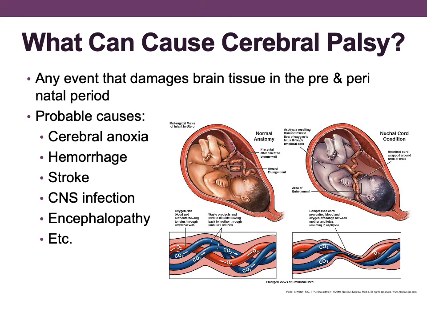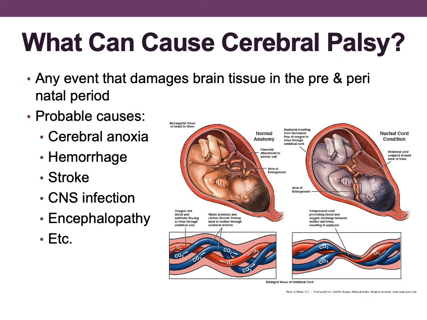What can cause cerebral palsy? Any event that damages brain tissue in the pre- and perinatal periods. Probable causes are cerebral anoxia. This diagram demonstrates cerebral anoxia with the cord being wrapped around the baby's neck, cutting off oxygen. Hemorrhage can also cause it, hemorrhage from either trauma or an incompatible Rh factor.